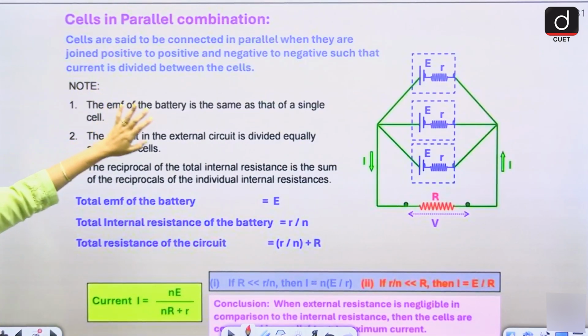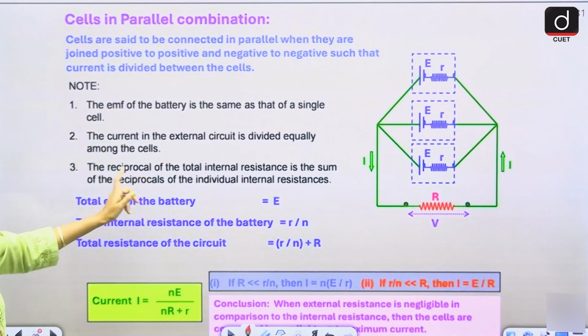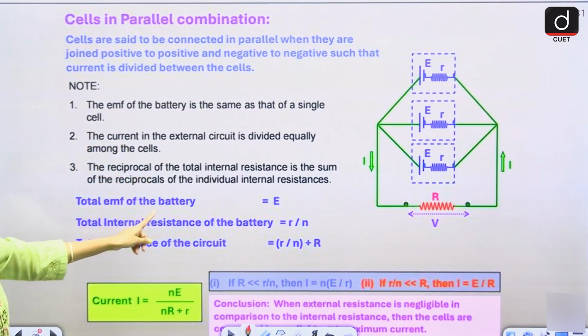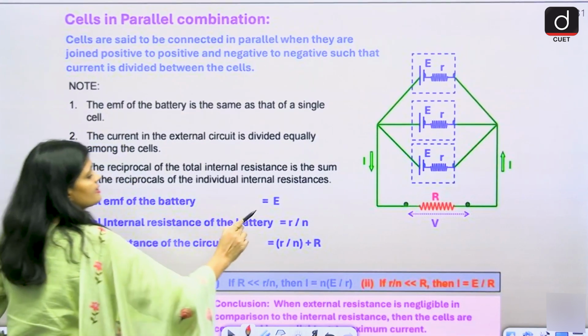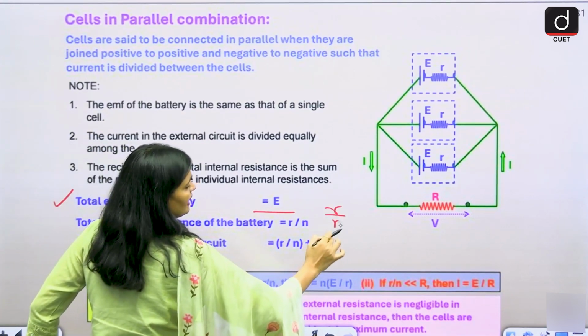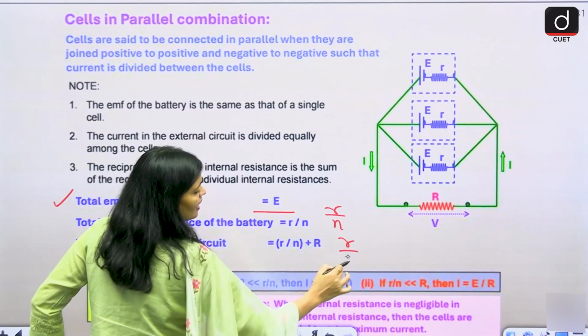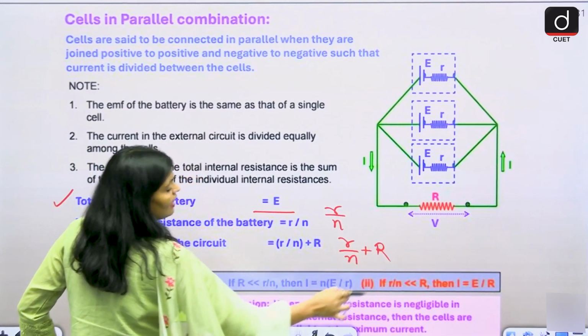Similarly, when the cells are connected in parallel, the EMF of the battery is same, the current is divided, and the reciprocal of internal resistance changes. So now the total EMF of the battery is E. Here the internal resistance becomes r by N, and the total resistance of the circuit is what? r by N plus R, right?